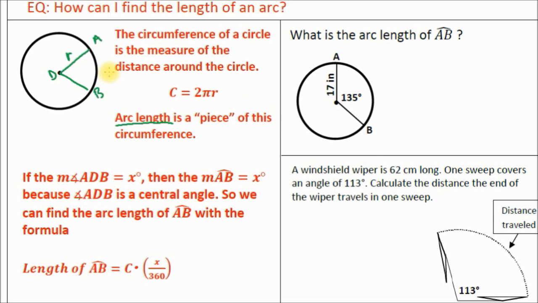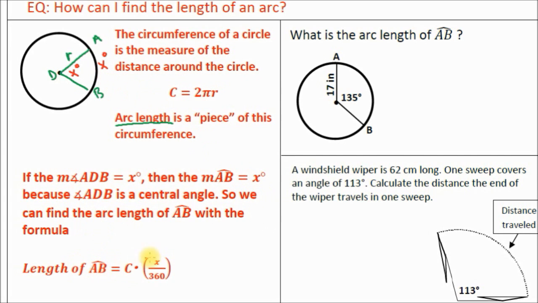If the measure of angle ADB is x degrees, then we know the measure of arc AB is also x degrees. We know this because that's a central angle. So we can find the arc length, the length of AB, with the formula.